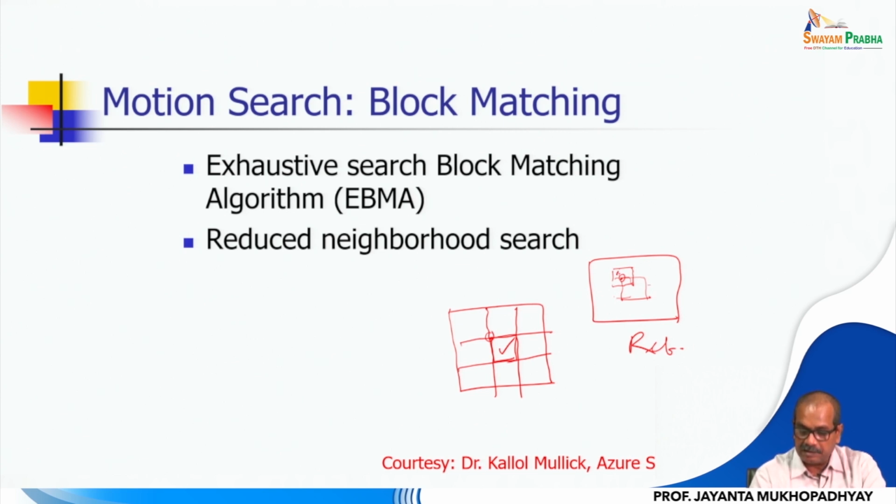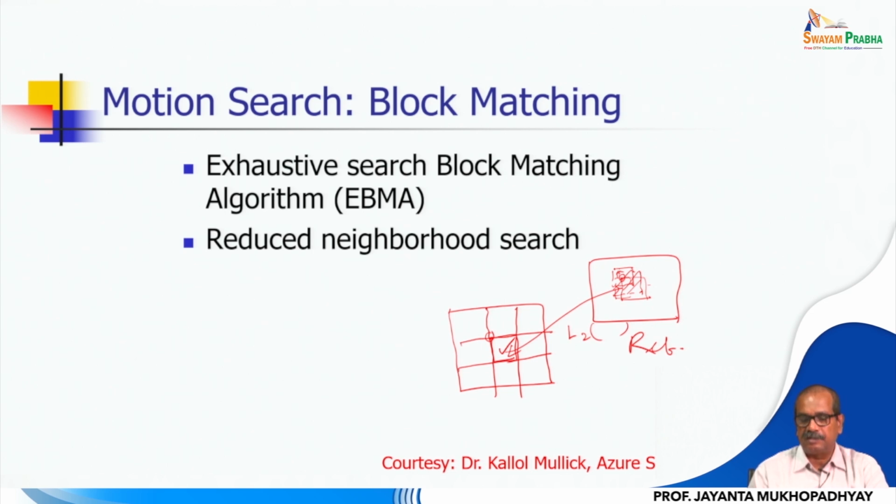Say you consider this location, say this is the block, so you compute the error between these two, say L2 norm between these two locations, and you get some value, and you can search and find out the location where it is minimum and take that location. So this is called exhaustive search for block matching, though you are using a certain neighborhood size, and that is the parameter only.